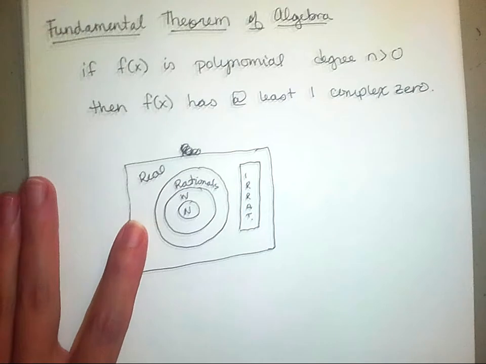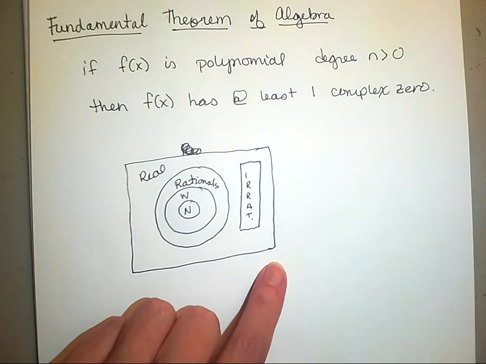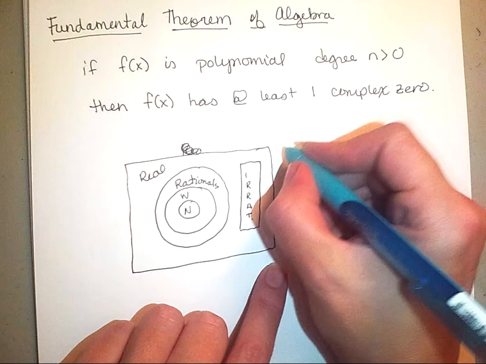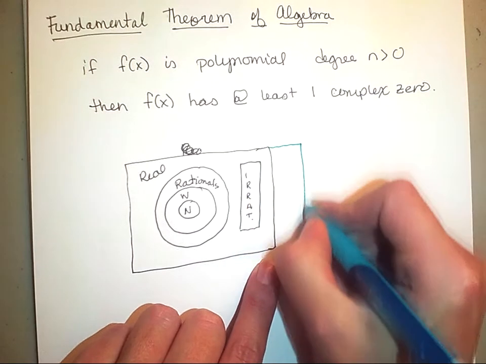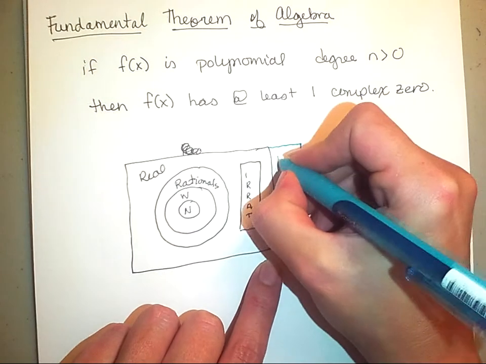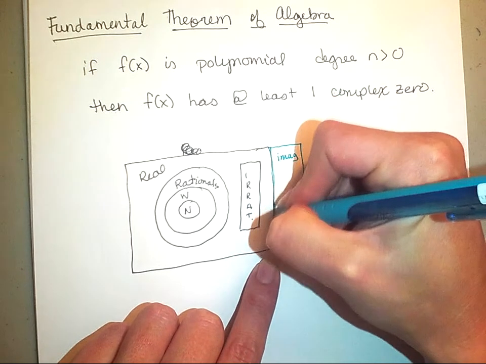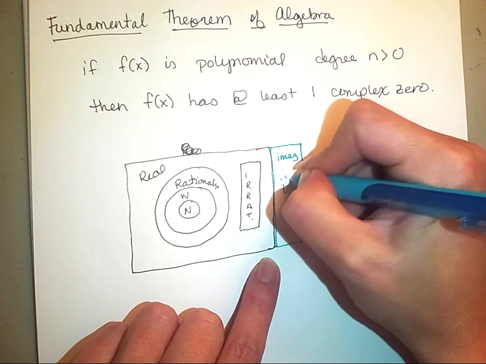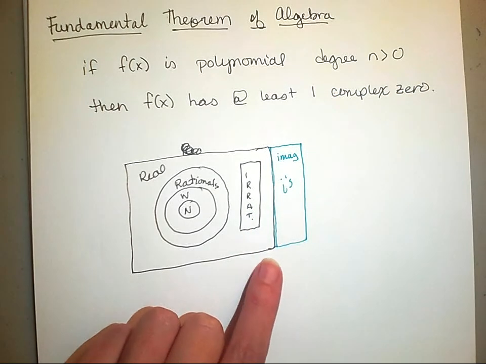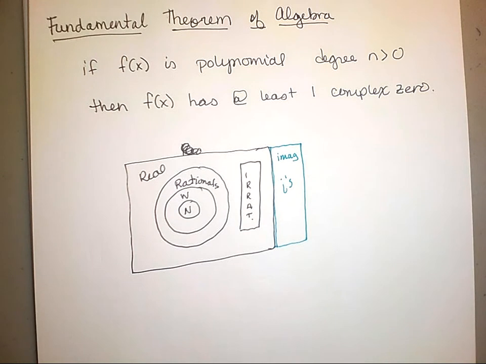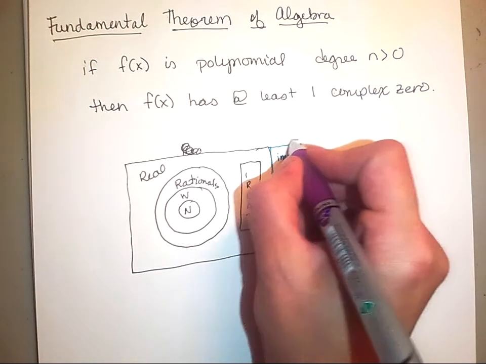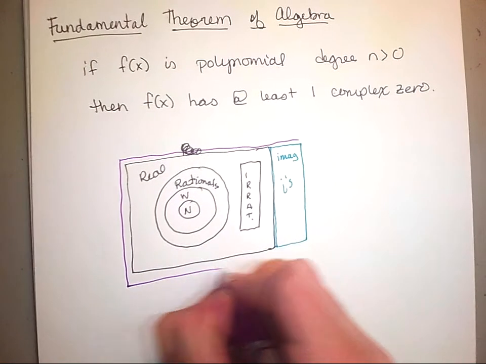But then remember, we expanded it because we could add on these imaginary numbers. They're off to the side, but that's where we get the i's. And when you take these all together, this whole box forms the complex numbers.